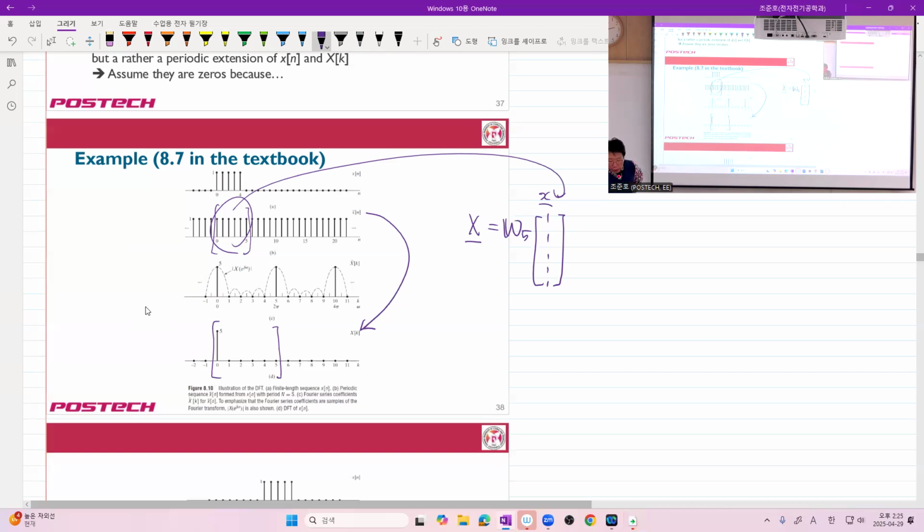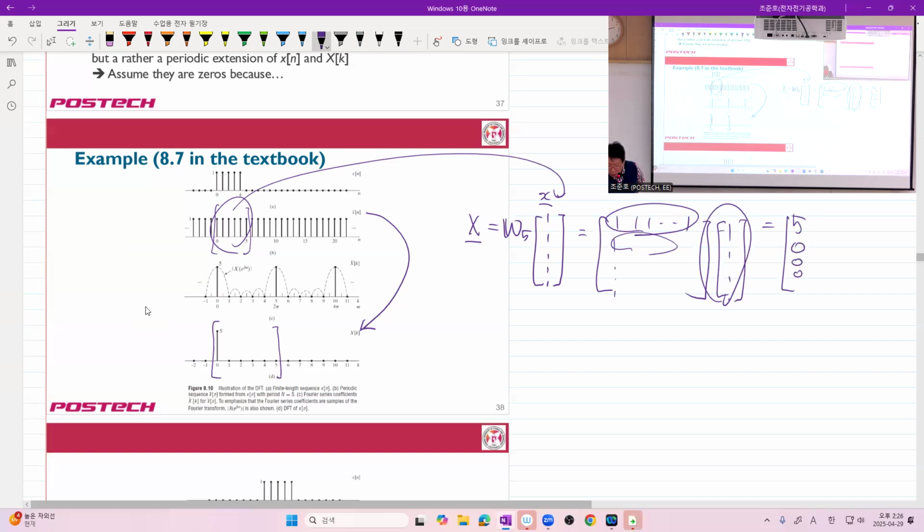And as you remember, this DFT matrix has all ones in the first row and first column. So if you multiply these two, you will have 5. And you know that these are orthogonal to that. So that is the result. Got it? So far, it's kind of a review of what we learned.